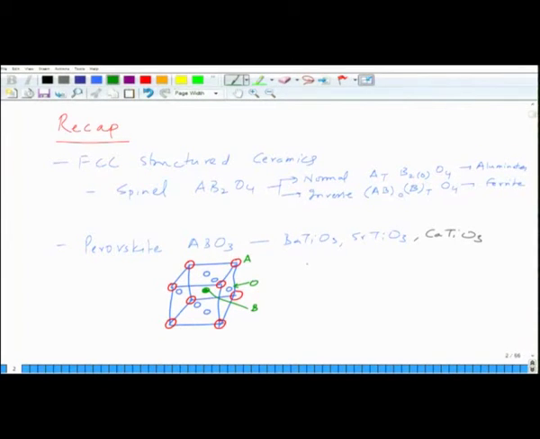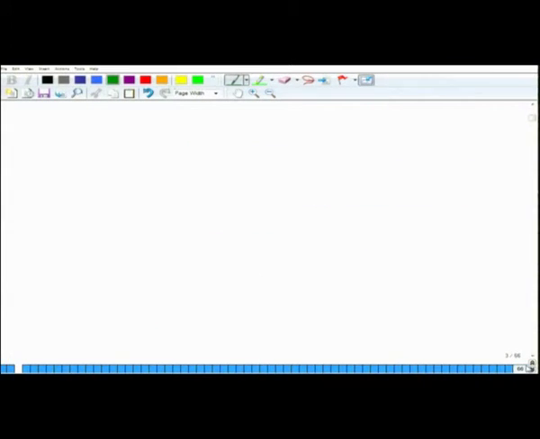Perovskites exist in both cubic and non-cubic forms. What I have shown you here is cubic. So, it is basically a primitive cubic lattice, but many of these materials are ferroelectric in nature. So, they undergo a Curie transition at a temperature called Tc.